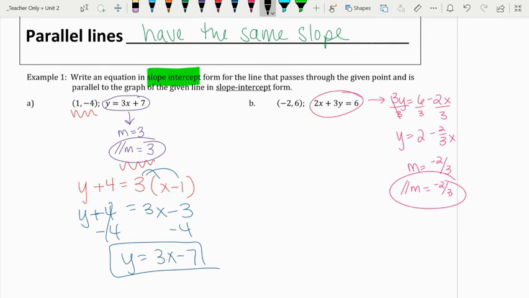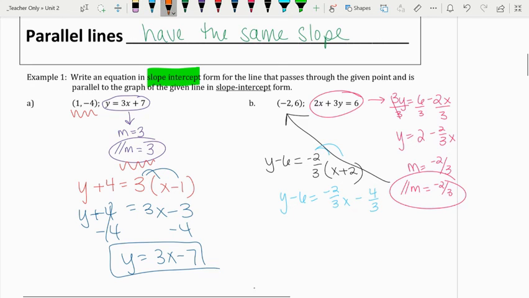Okay, so now we have slope and we have point. So we're going to plug it into point-slope form. So y minus our y1 equals slope times x minus our x1. Now again, we need slope-intercept form as our final answer, so we need to distribute. y minus 6 equals negative 2/3 x minus 4/3. And you could just have it as 1 1/3 or 1.3 repeating, whatever you would like.